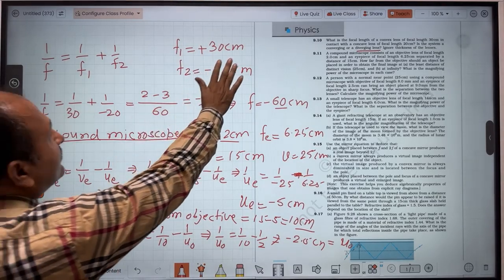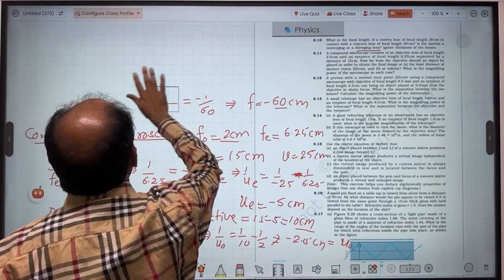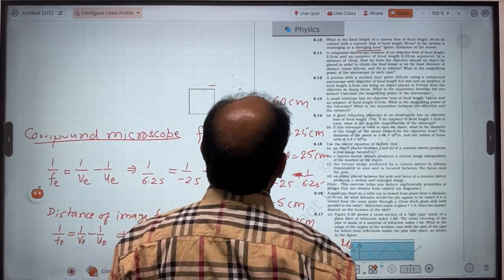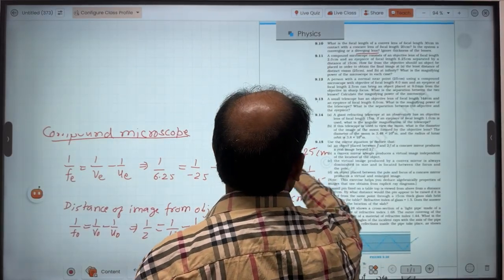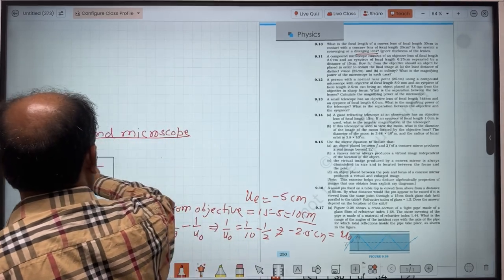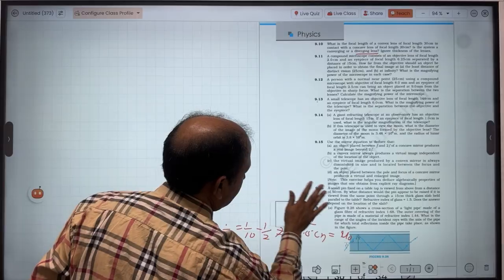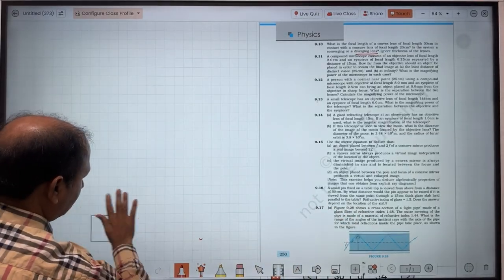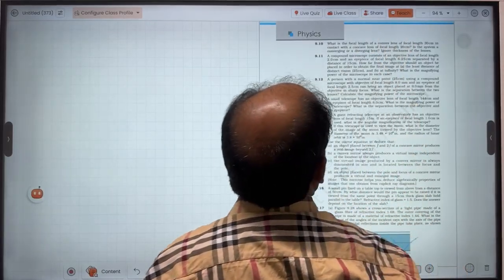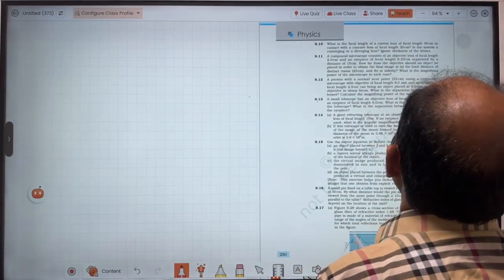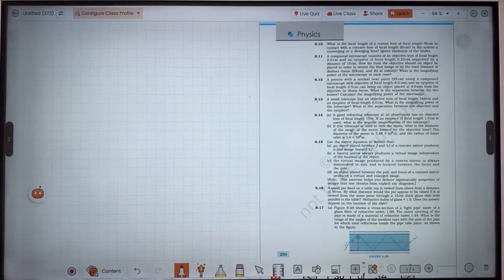Now what more do we need? Here the next point is, they are saying that we have to find out VO also.